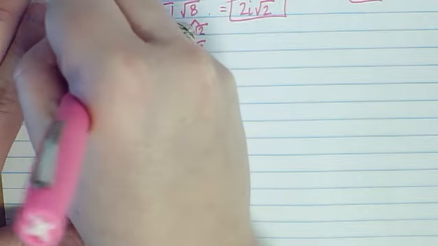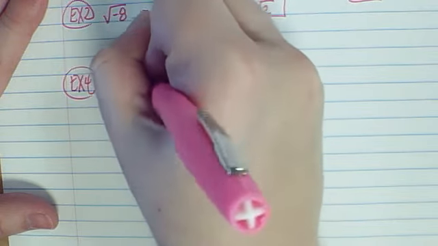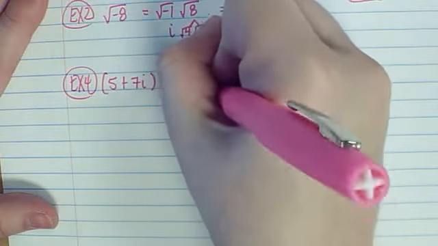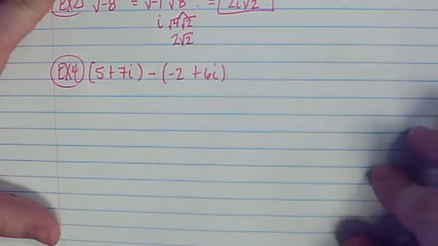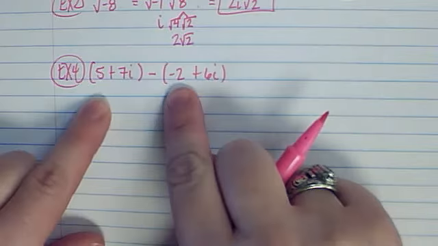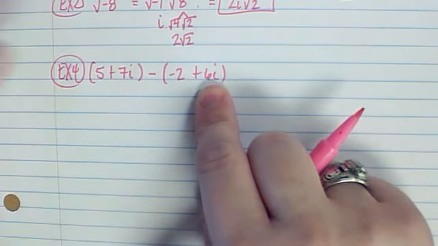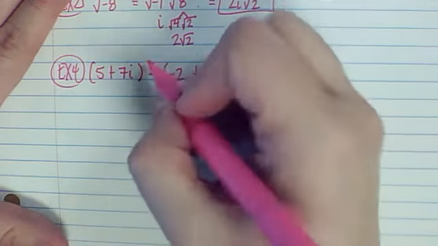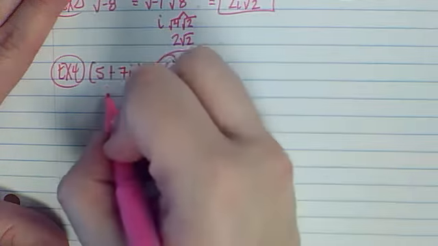Alright, example 4. I have 5 plus 7i minus negative 2 plus 6i. This is like combining like terms. So wherever you see a real number, we're going to combine. Wherever you see an imaginary number, we're going to combine. So along with it being like terms, you have to do the same thing. Distribute that negative to both of these things.